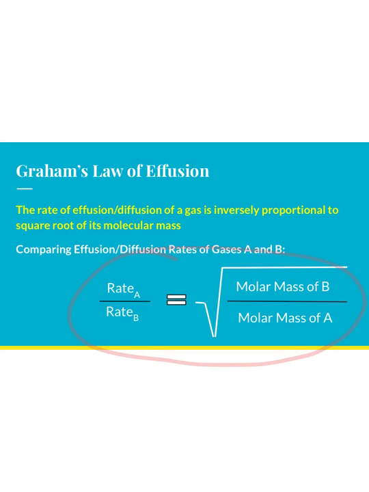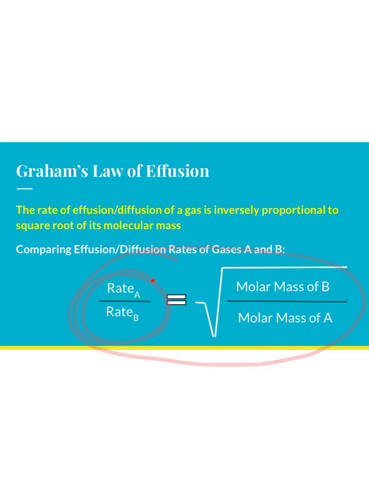We have the rate of one gas divided by the rate of the other. So in this part, we're looking at the relative rates of diffusion or effusion. We're seeing how much quicker we are moving with one gas compared to the other.